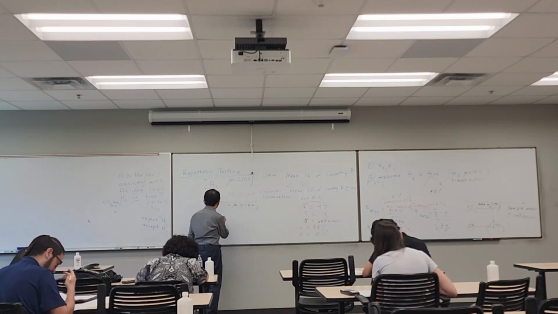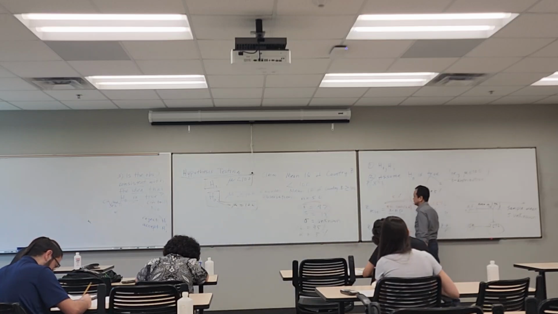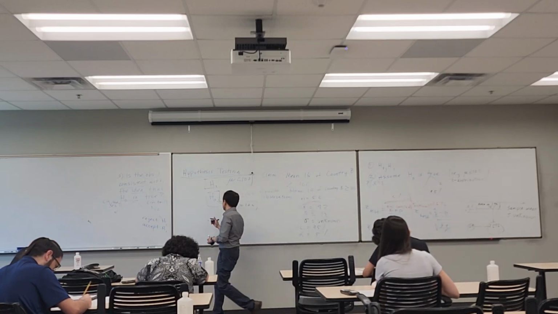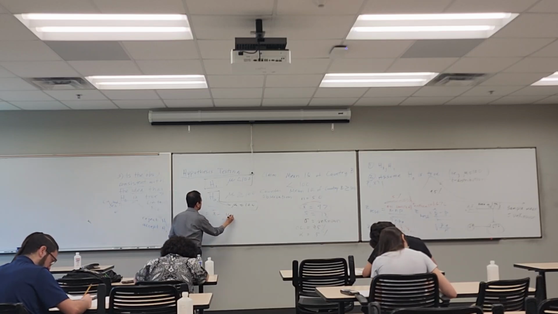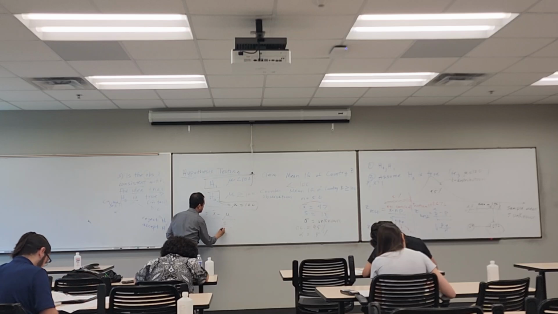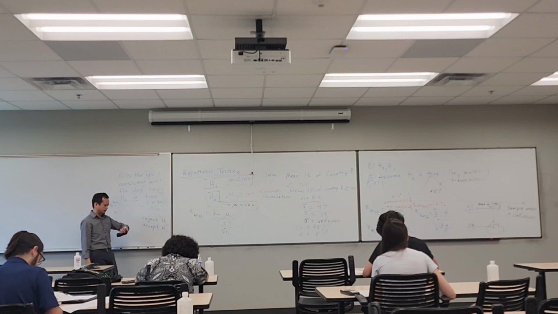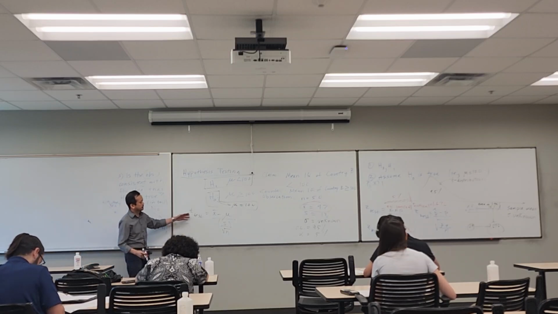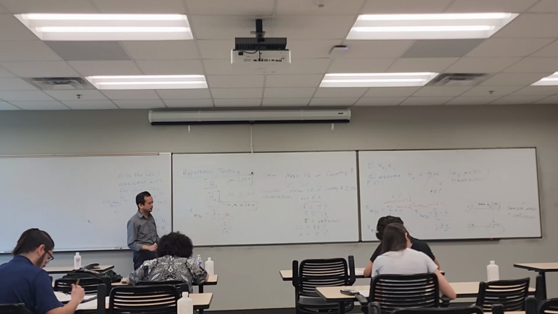So it turns out that the test statistic in this case will come from this formula. So t-test is equal to x bar minus the mean, all over s over the square root of n.